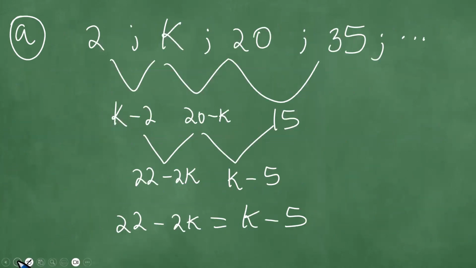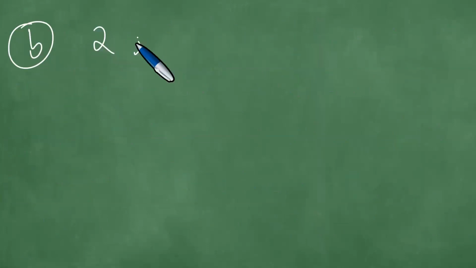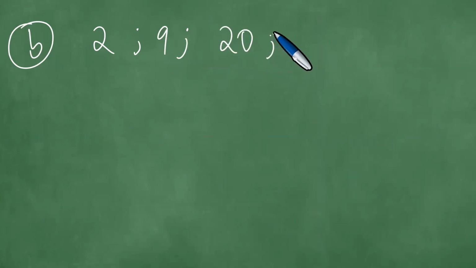So we have the following, part B. We're going to have exactly 2, 9, 20, 35, and so on.